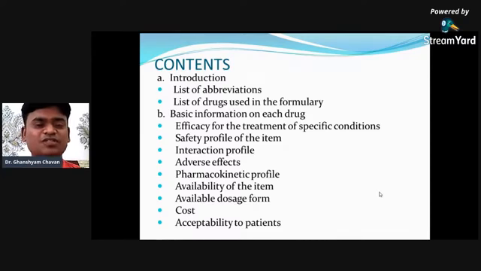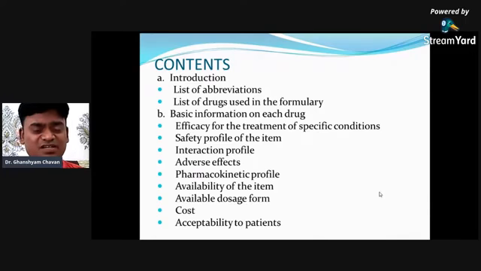Now we will go for the B points, basic information on each drug. Here we will go for the specific information of the drugs which needs to be maintained by the hospital formulary. Efficacy for treatment of specific conditions. There must be efficacy of that drug to treat that specific condition.